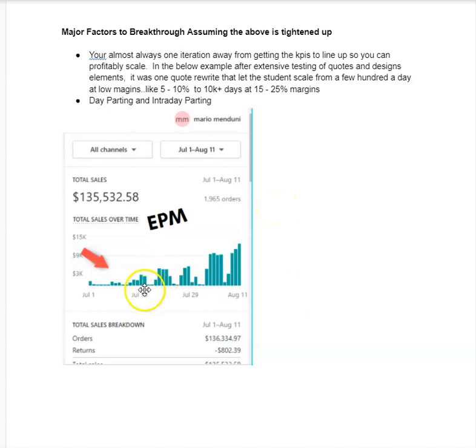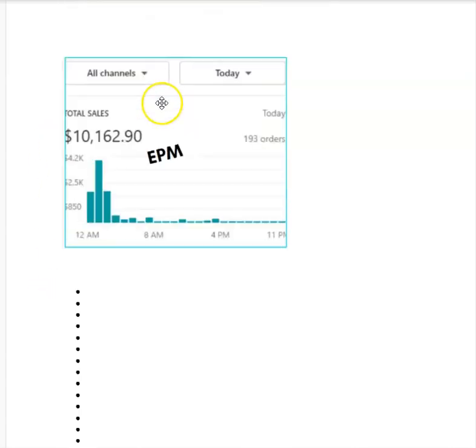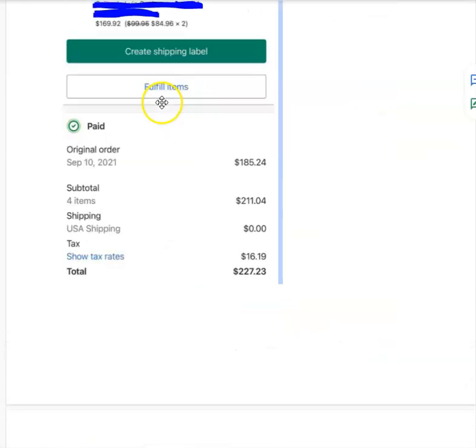And I did these in somewhat of a proper order by talking about getting the proper iteration of your product, when we're talking message cards, before you even try all this other stuff, because you have to have the foundation of a high profitability, best possible iteration within reason of your quote and of your design, and then you can crank it to the next level with these handful of techniques and others.